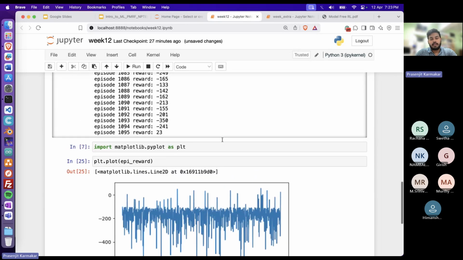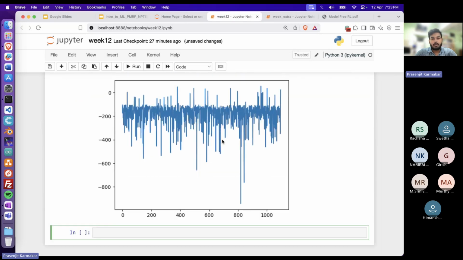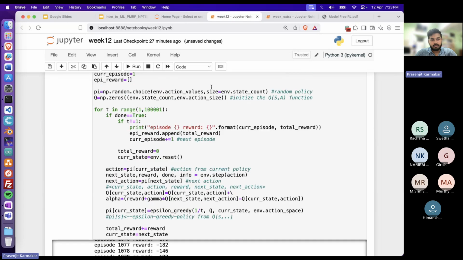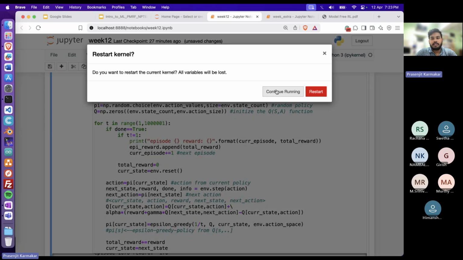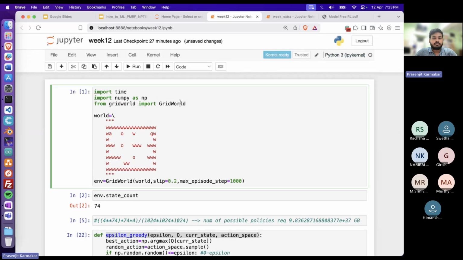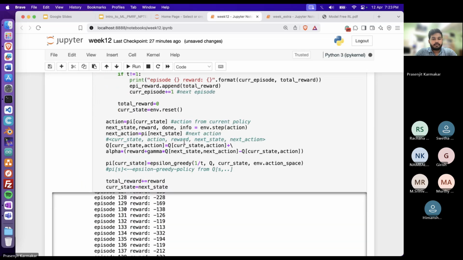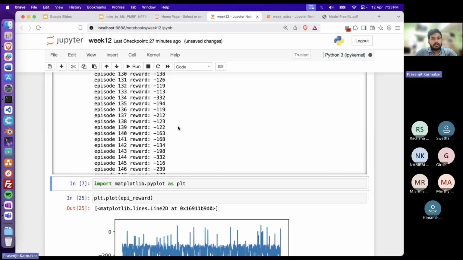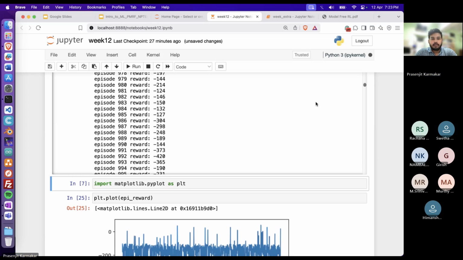So it's not learning anything. I have to maybe go for more number of episodes, or more number of these steps. So let's go for not 1 lakh, 10 lakh steps. Let's restart and run again. Okay, it's still running. It's going for 10 lakh steps.